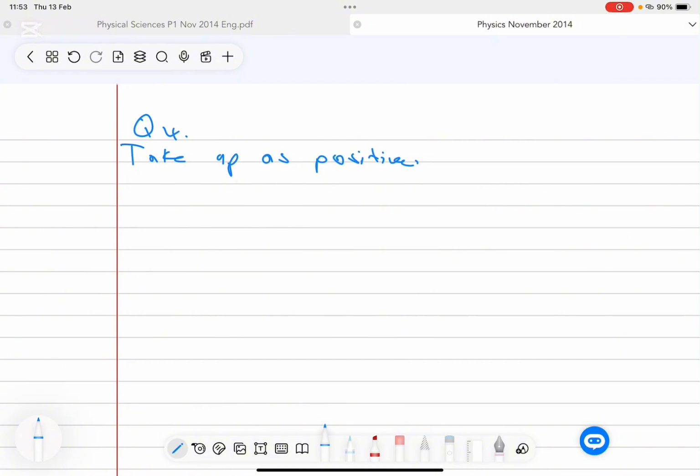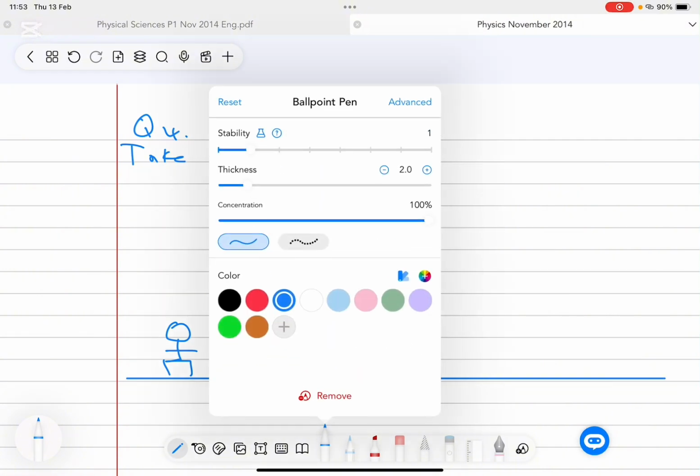Now, in this situation, we are saying that perhaps we have the ground and we have a dancer here. This dancer jumps into the air.